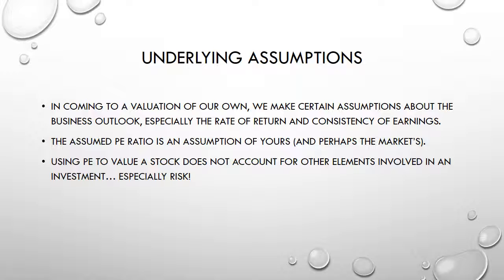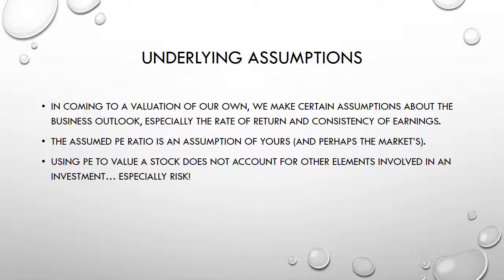A PE of 20 times may sound realistic if you are looking at a high growth retail business, versus a slow growth business that maybe develops property, right? A business that's slow growth and rather stagnant will probably have a much lower PE than a fast growing retail business, right?